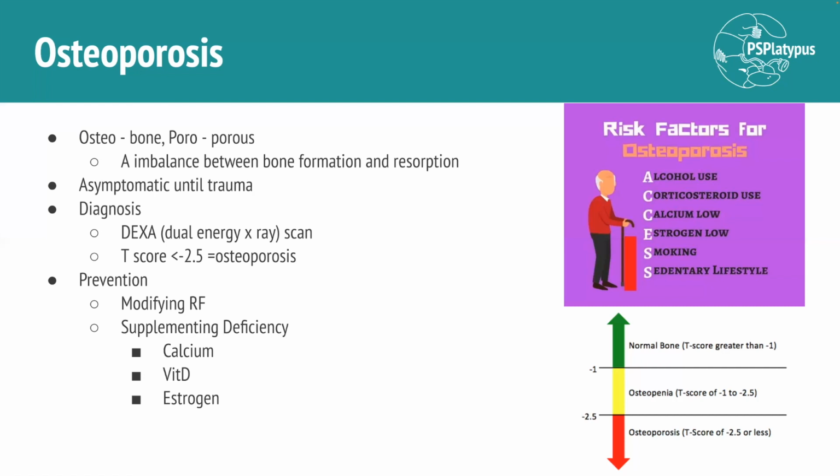In terms of preventing osteoporosis from occurring, the key prevention strategies are modifying our risk factors and supplying the deficiencies that occur, which are low calcium levels, vitamin D, and estrogen levels, especially in postmenopausal women when their estrogen levels rapidly drop off.